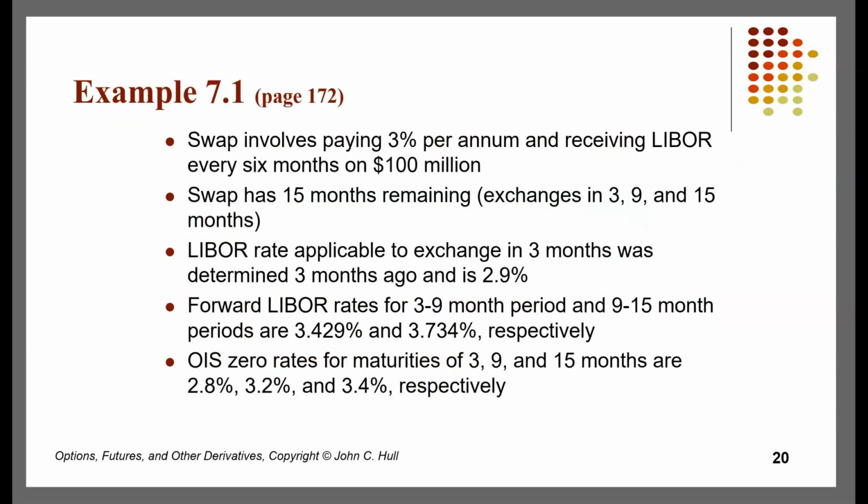Our example says the following. We have a financial institution that's putting in place a swap agreement, and the swap involves paying 3% per year and receiving LIBOR every 6 months on a notional amount of 100 million.